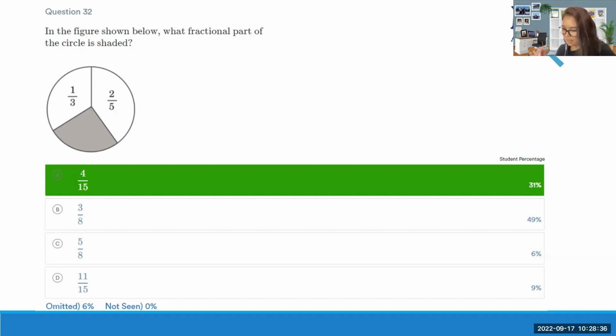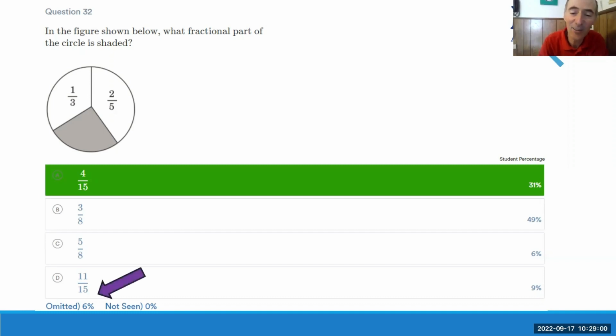They're thinking about 8/8 subtracting 3/8, so 5/8 would be another possible way students would think about it, and that's also a choice. Or students forgot that there are 3 parts to that whole, and they actually found the common denominator, added 5/15 and 6/15 to get 11/15, and I see that is also a choice.